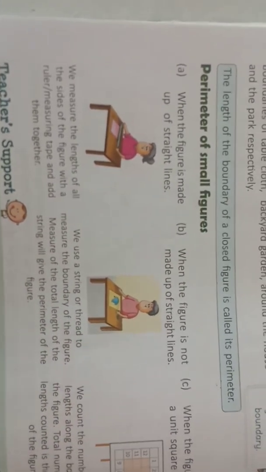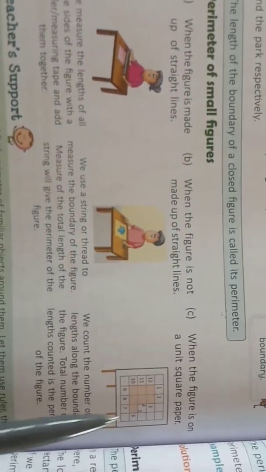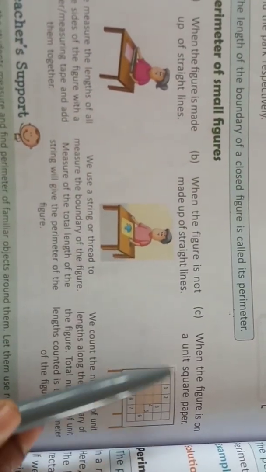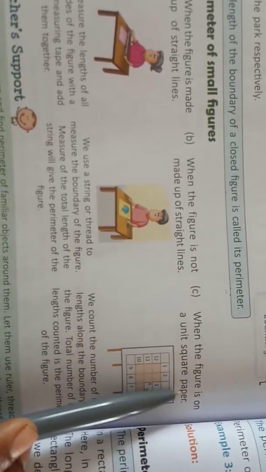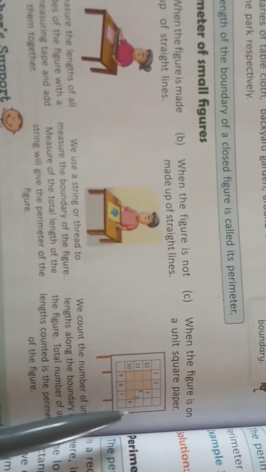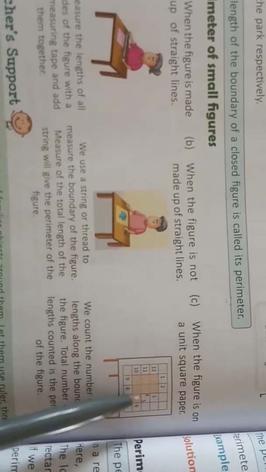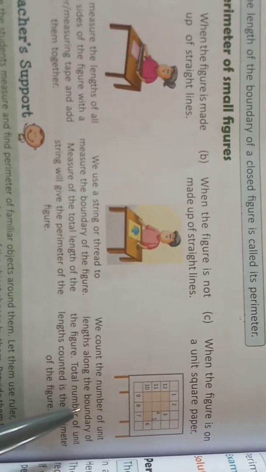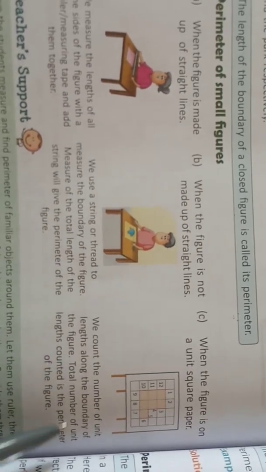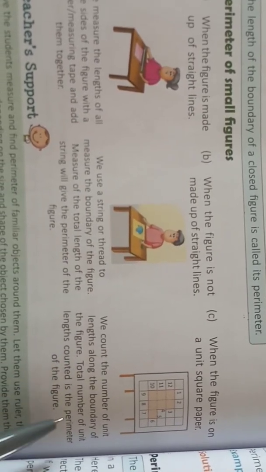Now moving to third, when the figure is on a unit square paper. Unit square paper, children, is also a graph paper. When the figure is made on a graph paper, you need to count the number of unit lengths along the boundary of the figure, and the total number of unit lengths counted is the perimeter of the figure.